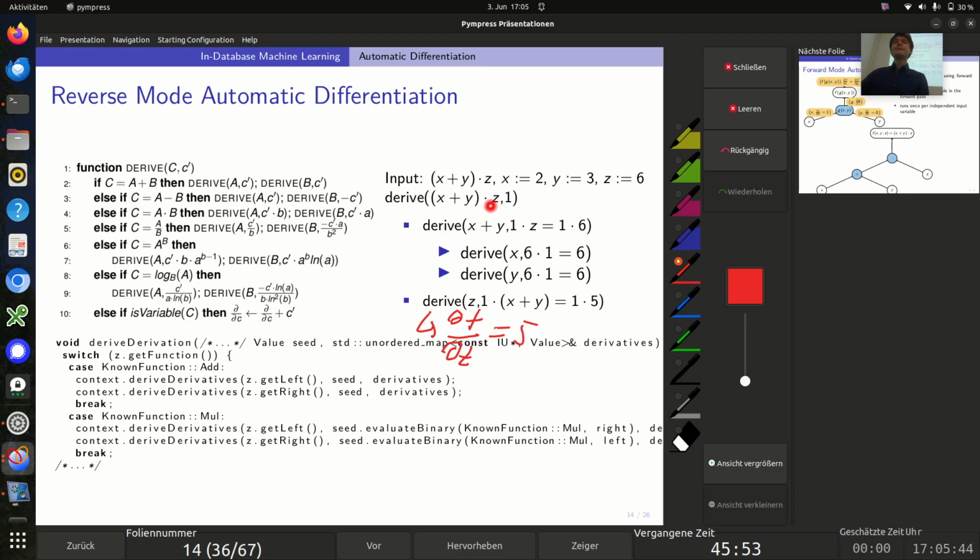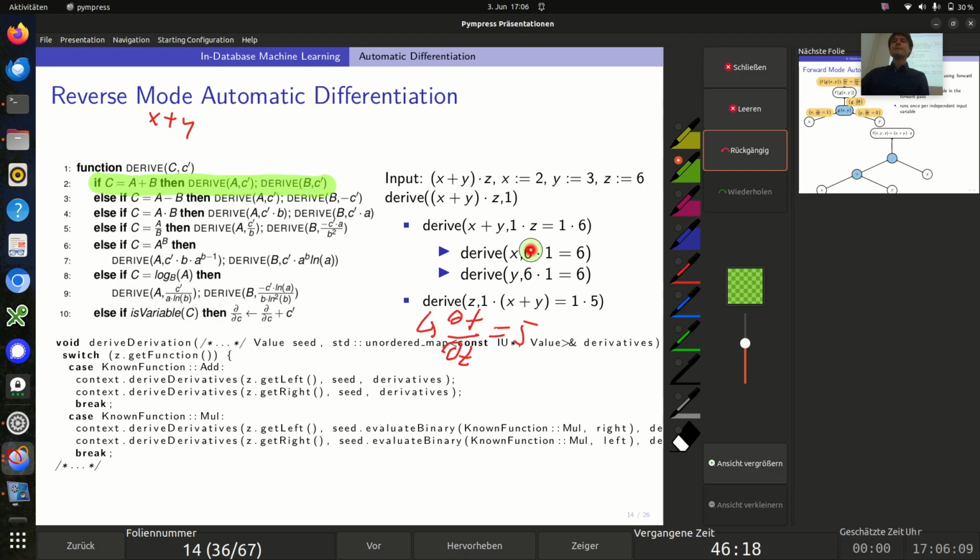For the other side, it's just a plus b, or in this case, x plus y. So we're having this statement, and then we can just use the seed, so the second argument, as a derivative.